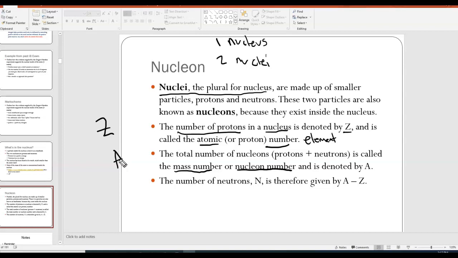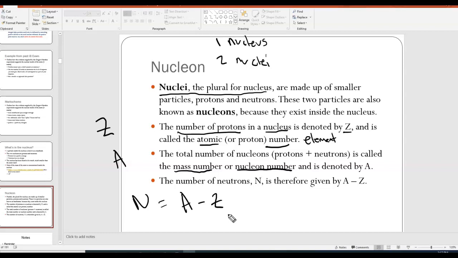Mass number is not really to measure the mass, it's just to measure the total number of nucleons within a nucleus. And again, we write that as capital A. So if A is the total number of protons plus neutrons, and Z is the total number of protons, the number of neutrons would just be A, the mass number, minus Z, the atomic number.